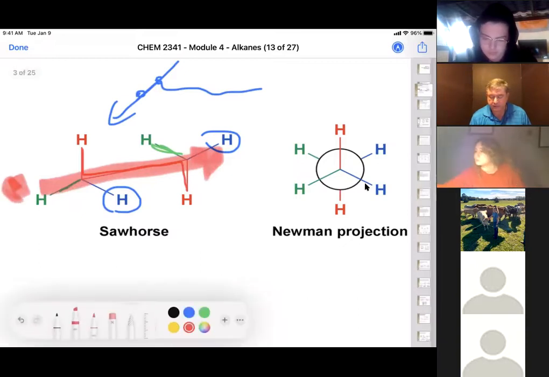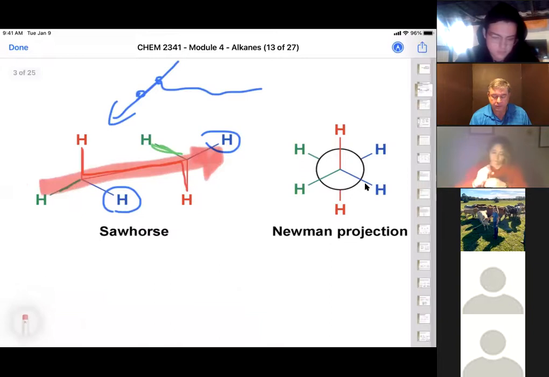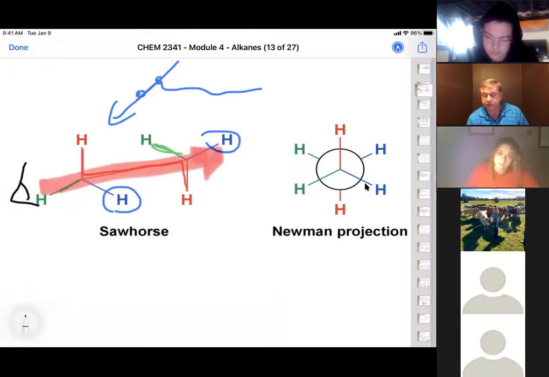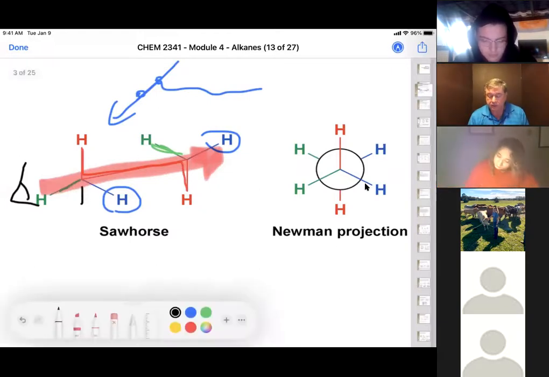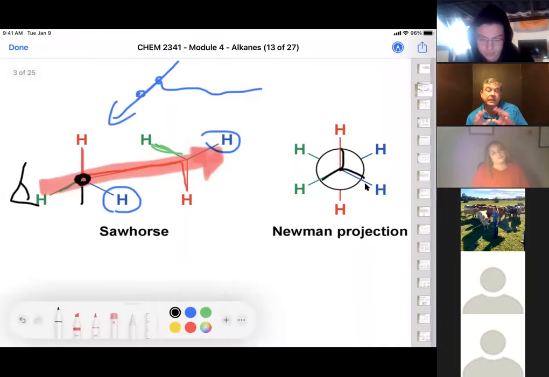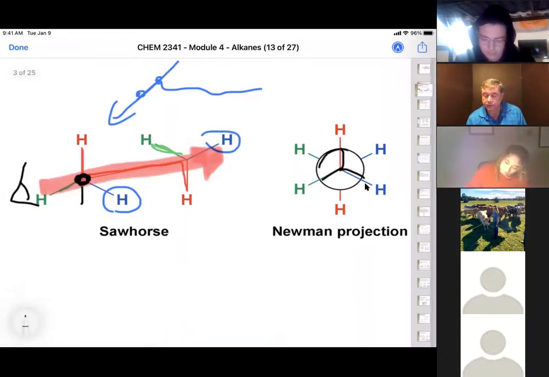So this is my interpretation of how we look down that axis. The first carbon here is the one where the three lines meet, okay? When our three lines meet here, this is the carbon that is closest to our eye. Now, because that carbon is taking up space there, we're going to draw a ring for the second carbon.